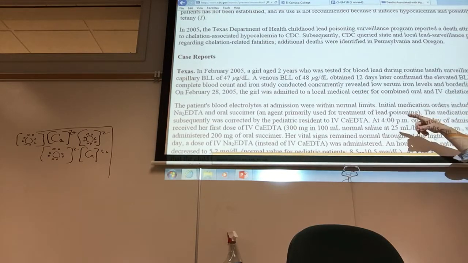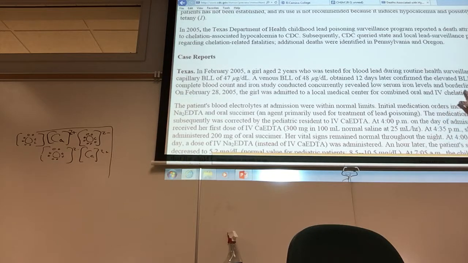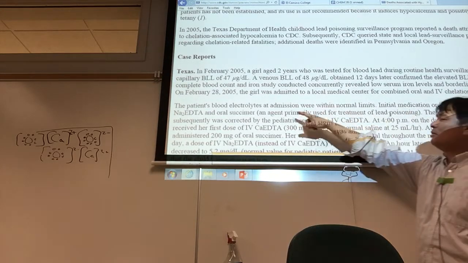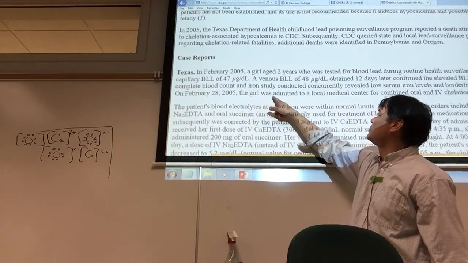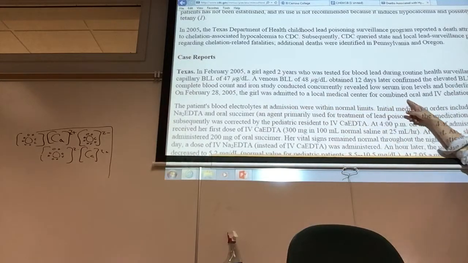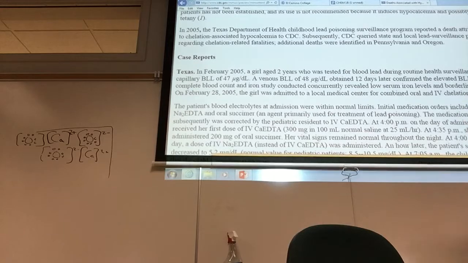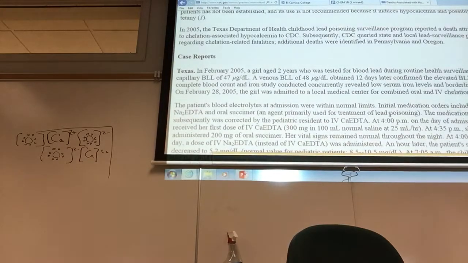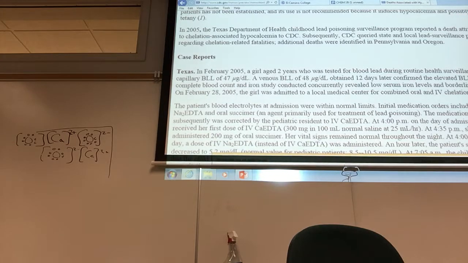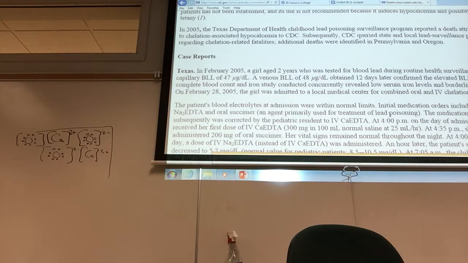A complete blood count, etc. So anyway, on February 28, 2005, the girl was admitted to a local medical center for combined oral and intravenous chelation therapy. Chelation is claw, so EDTA just claws and bites into the lead. That's chelation.